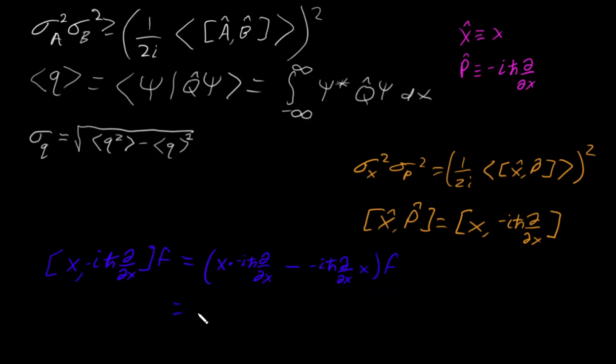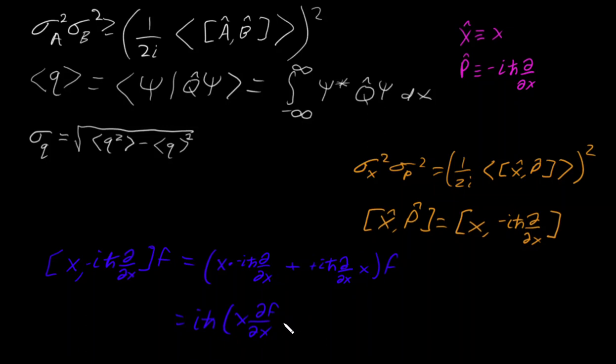So if we expand this out a little bit more, and I'm also going to simplify and bring out constants, because constants do commute. You can take out a factor of i h bar, as long as then you make this plus. So this is equal to i h bar times x df by dx.